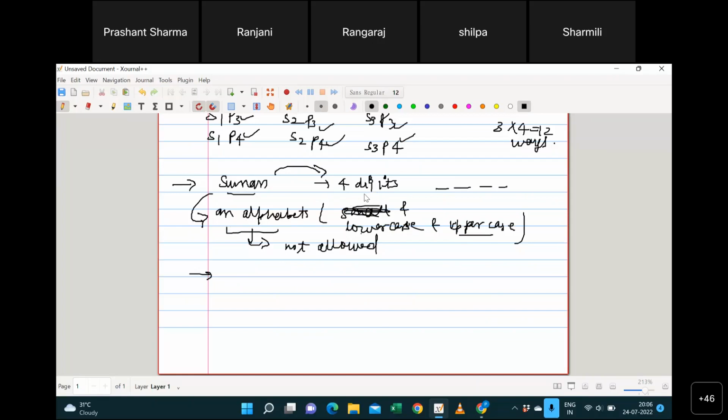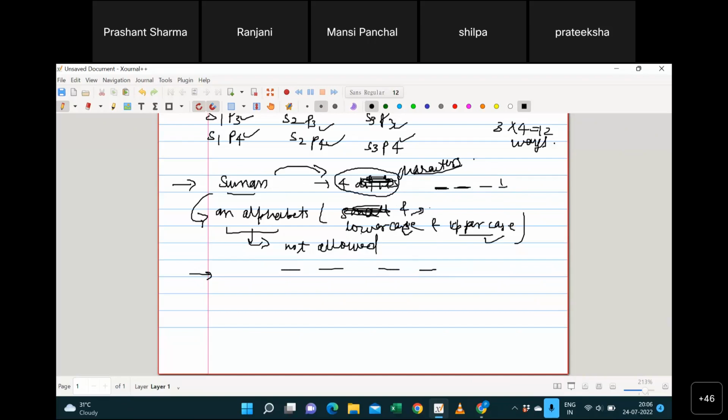Let's say you have to set a password of 4 characters. She can use any lowercase or uppercase alphabet.